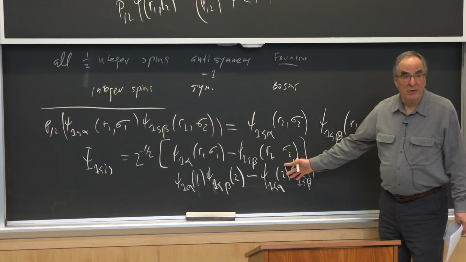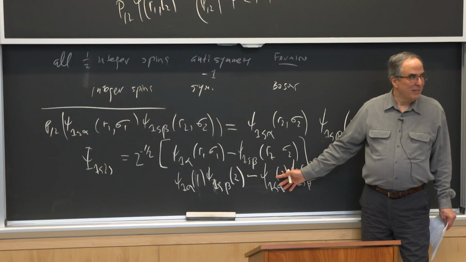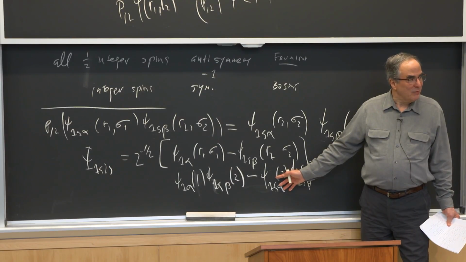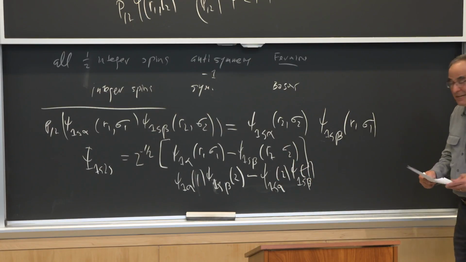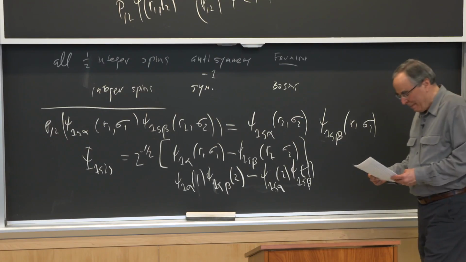Okay, this is what I should have written, and this is, in fact, antisymmetric. Thank you. I wrote what's in my notes, which is wrong, and I didn't realize I had done that because I knew the answer. All right.